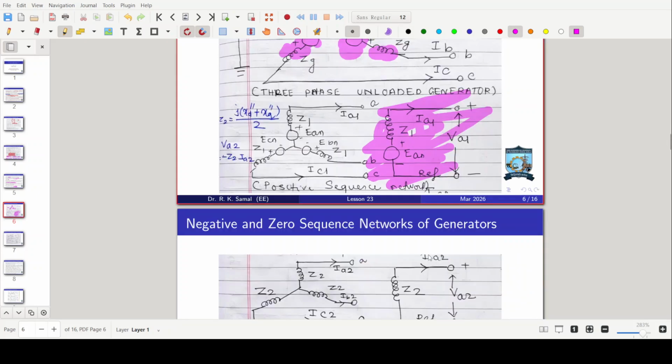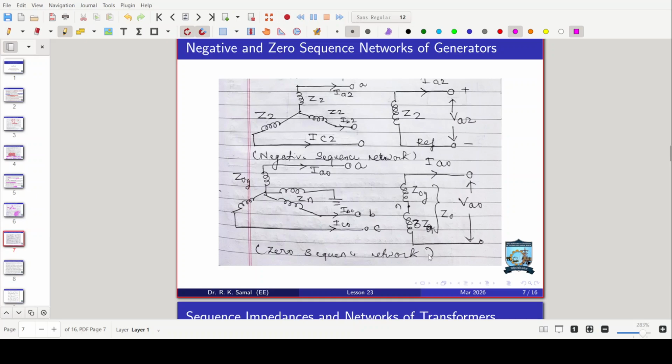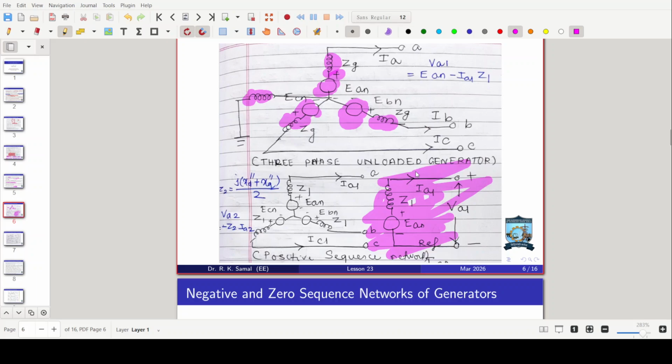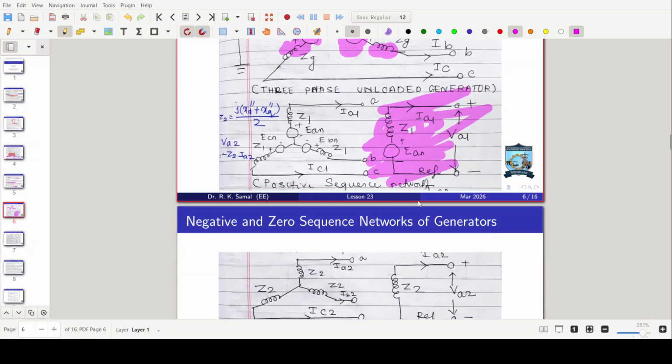Whereas if you see the negative and zero sequence networks, I would suggest you draw this positive sequence network, which is one EMF source EAN per phase and an impedance Z1, the positive sequence impedance.